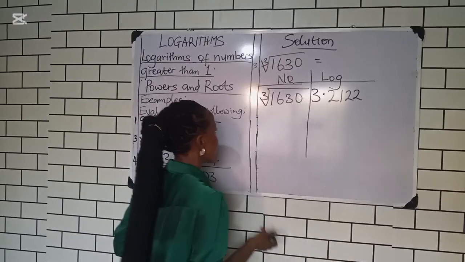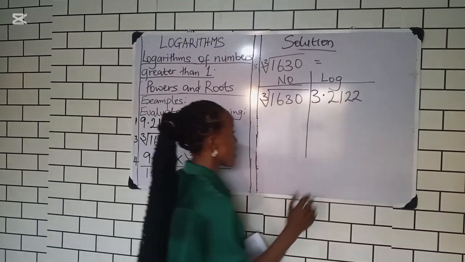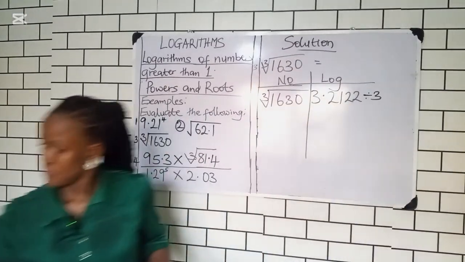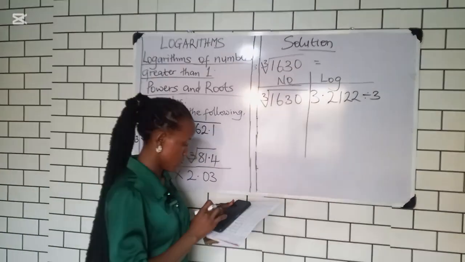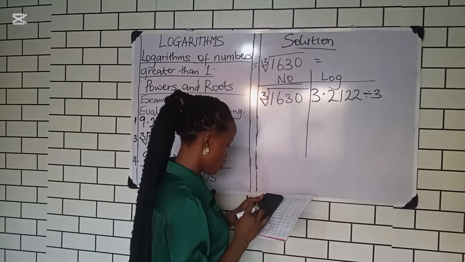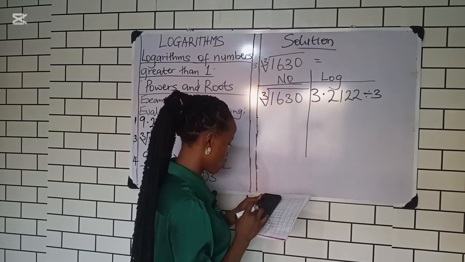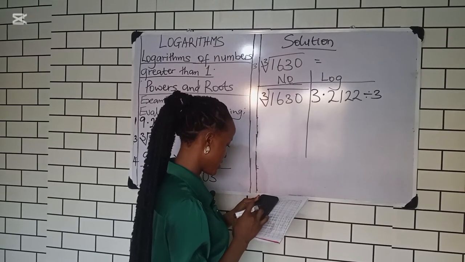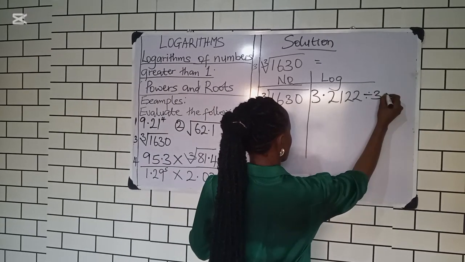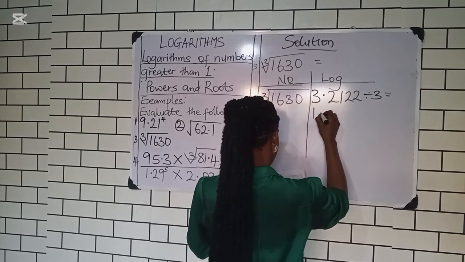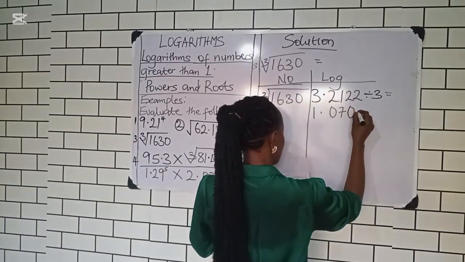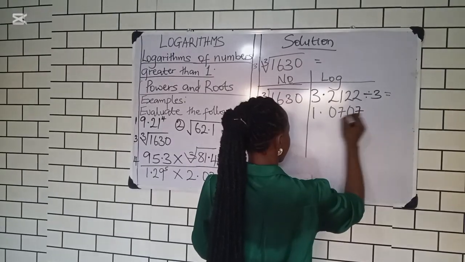Now what we have here is cube root, therefore we'll be dividing by 3. 3.2122 divided by 3 will give us 1.0707.